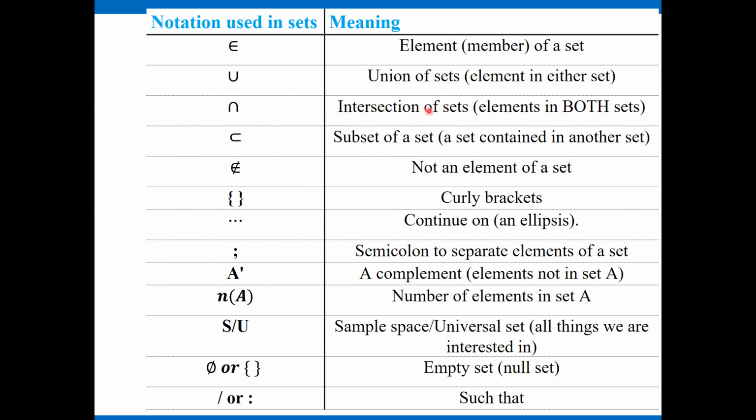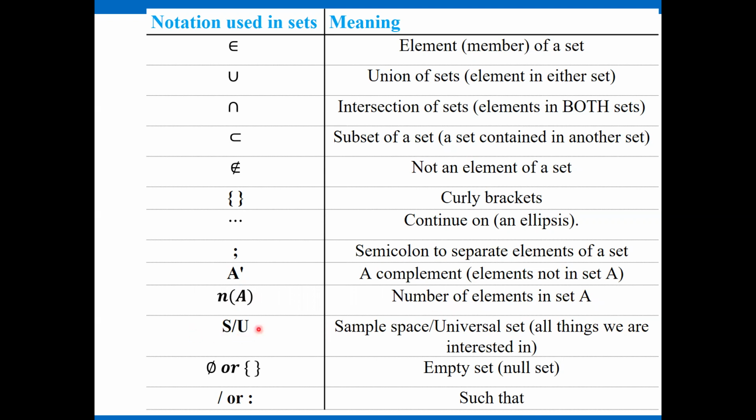Then the intersection of sets, that is elements in both sets, right? Add to that, A prime, which is read A complement. That means elements not in set A. Then n(A) is read number of elements in set A.